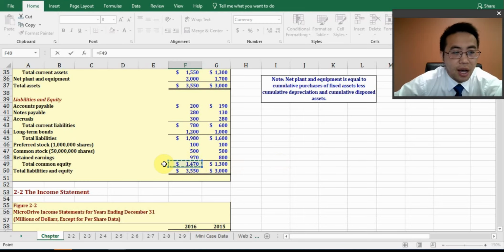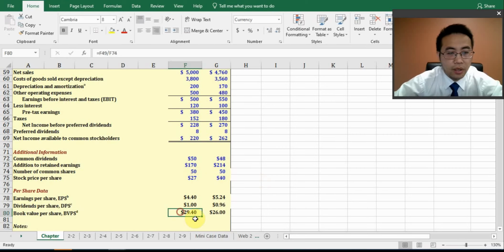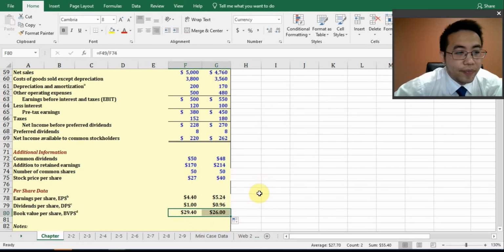You see that the common equity includes both common stock, which is the original book value when the firm first issued its stocks, plus years and years of savings of profit, which is retained earnings. Okay, so that's actually a summation of two items, and then use it divided by the number of shares. Then drag it. Okay.